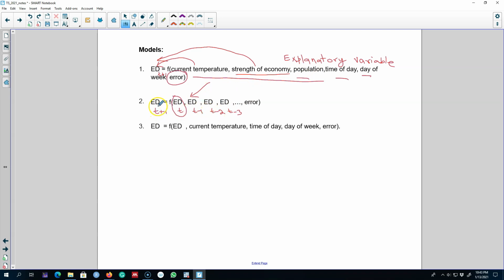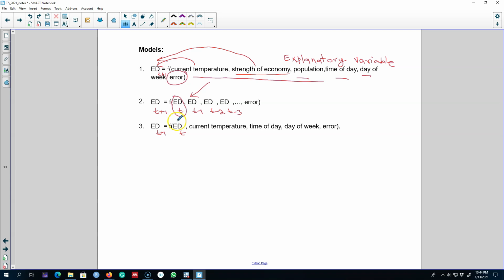Rather, we are using electricity demand in the past that we observed in an area to predict electricity demand in the future. So that will be the second type of model that we can use. And the third type of model that we can use to predict electricity demand in the future is to combine both these models.